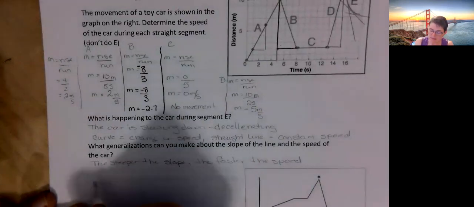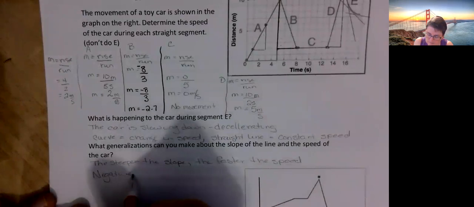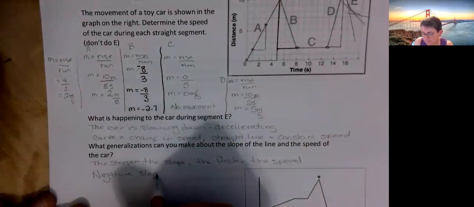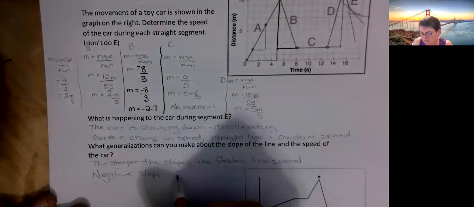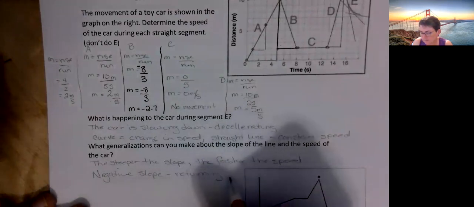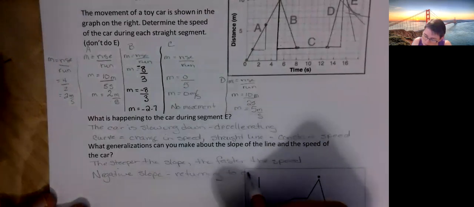And we can also say a negative slope means you're returning to the origin or wherever your starting point was.